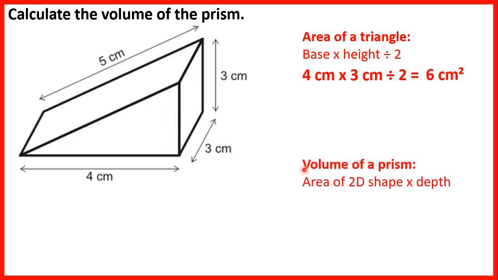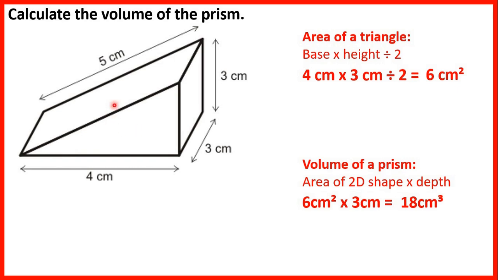So to find the volume of the prism, we can take that area and multiply it by the depth of the prism. So the depth is 3 centimetres, so 6 centimetres squared, the area of the triangle, times 3 centimetres is 18 centimetres cubed. So that's the volume of the prism.